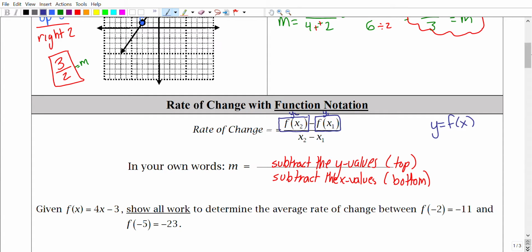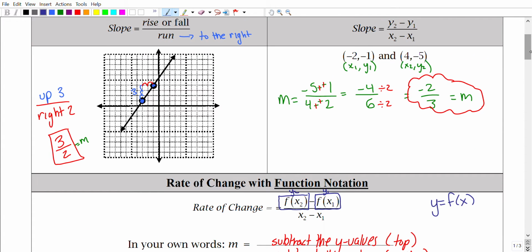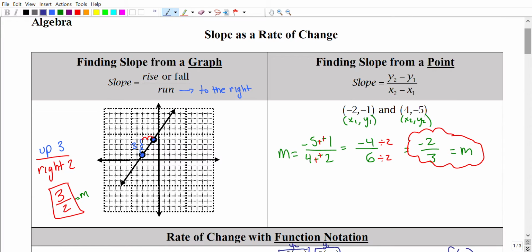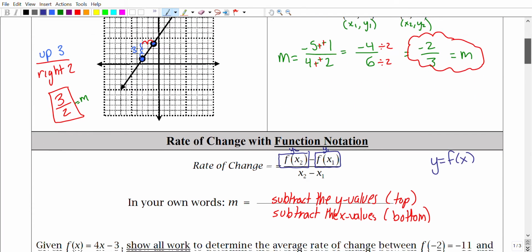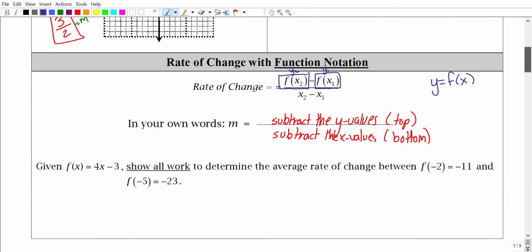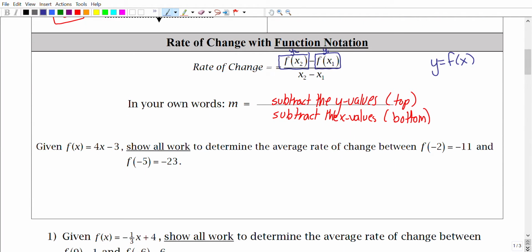So basically it's the exact same thing as what we have up top for our slope equation. Okay? So it's basically the same thing, except for now we're writing it as function notation. So just remember this in the back of your head, guys, that y equals f of x if it is a function. Okay? Let's go ahead and try out one of these problems.